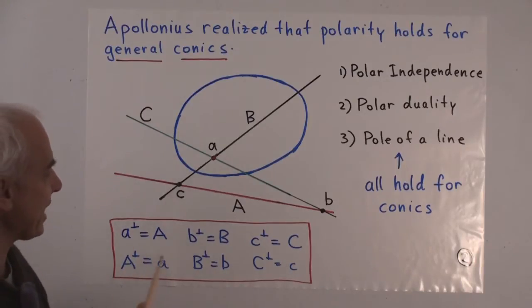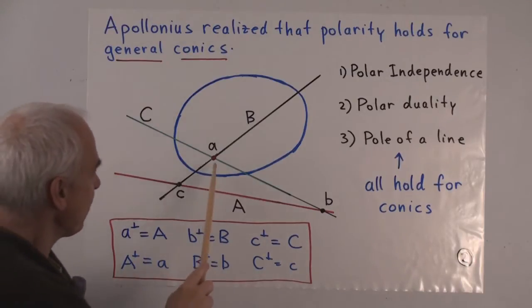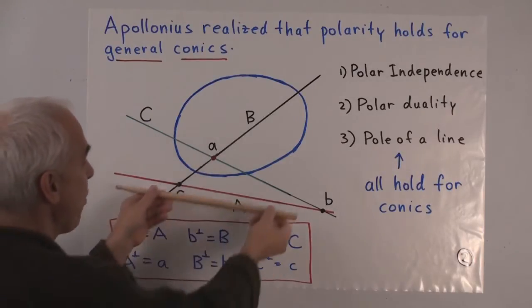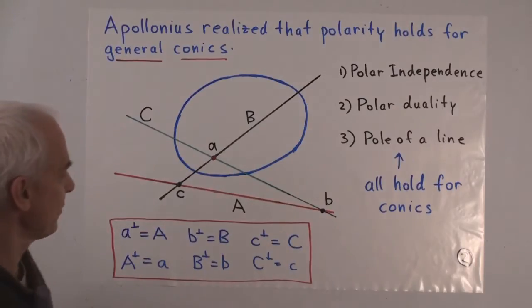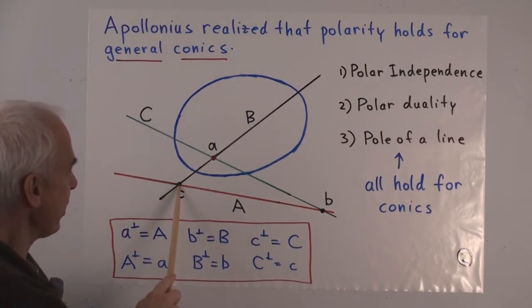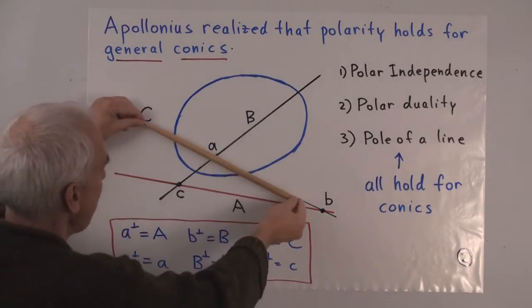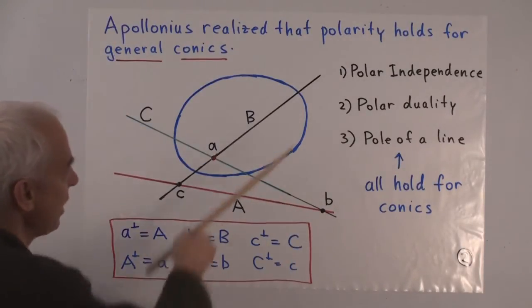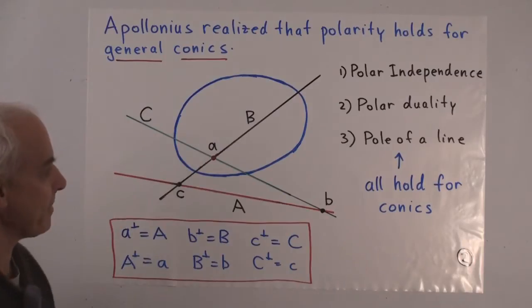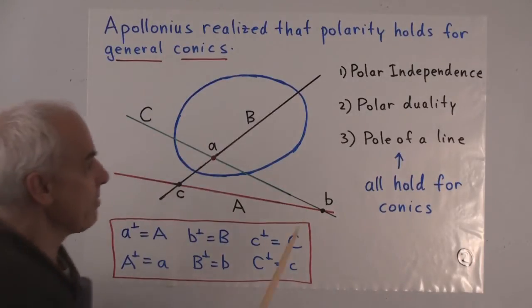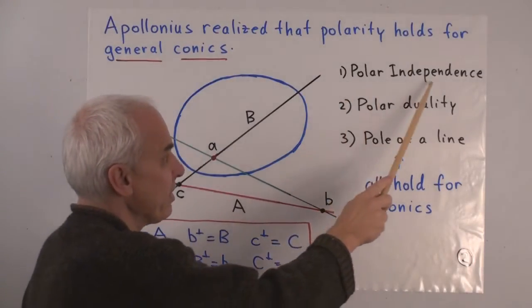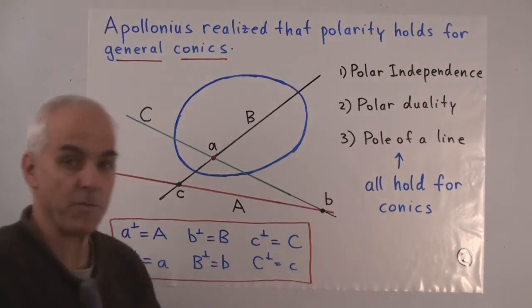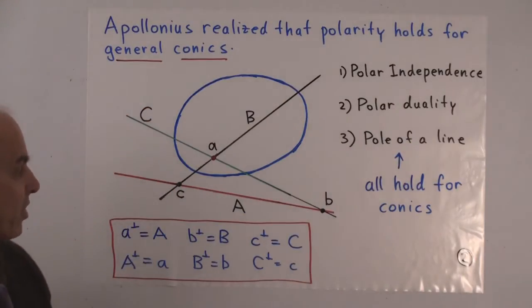And we could have done exactly the same thing to associate to this point, little a, its polar, capital A. Or to associate to this point, C, its polar, capital C. Or to this point, B, its polar, capital B. So these 3 important theorems that we mentioned, the polar independence theorem, the polar duality theorem, and the pole of a line theorem, they hold for general conics.